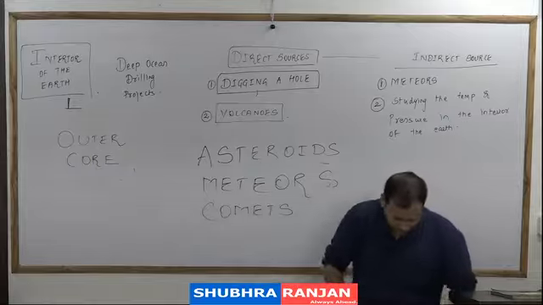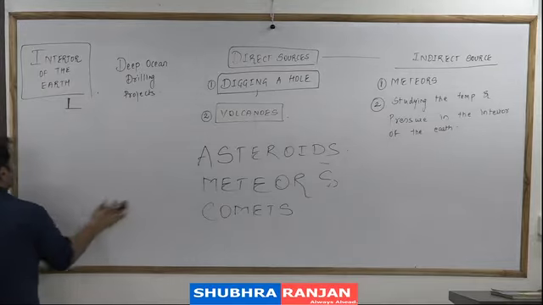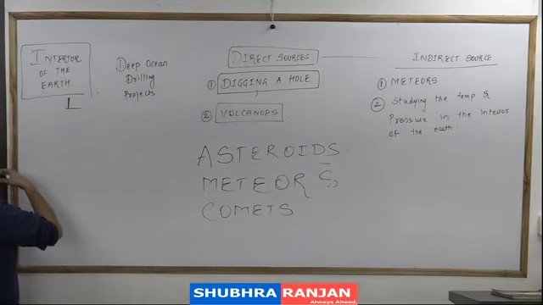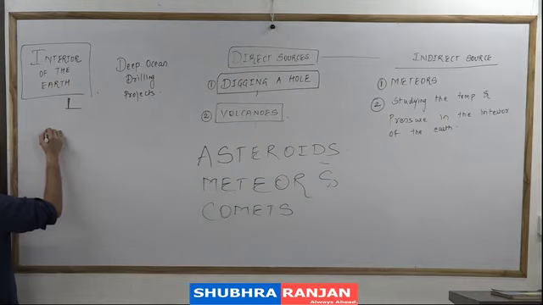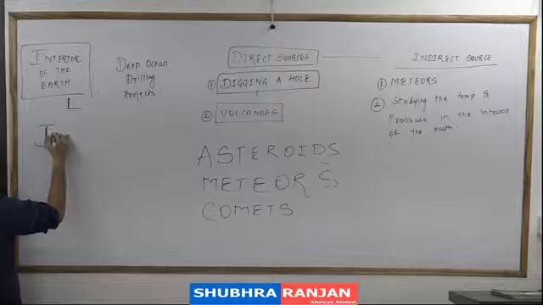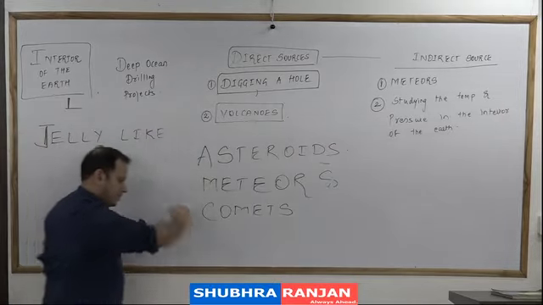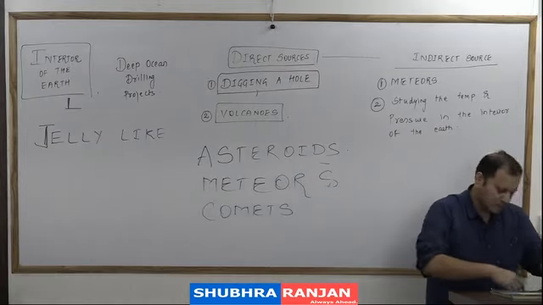The asthenosphere, in the bracket top 200 kilometers, is in a jelly-like format.